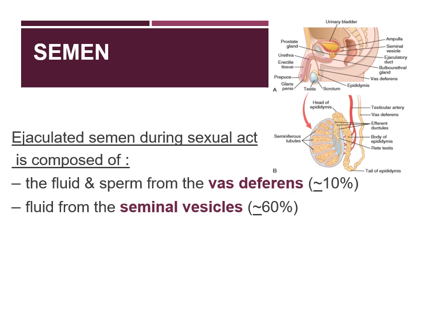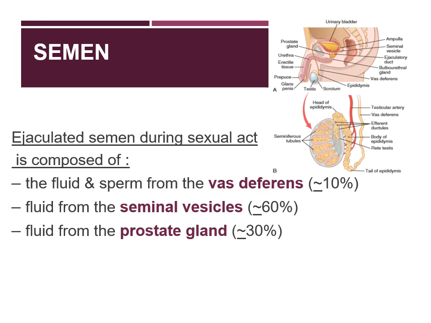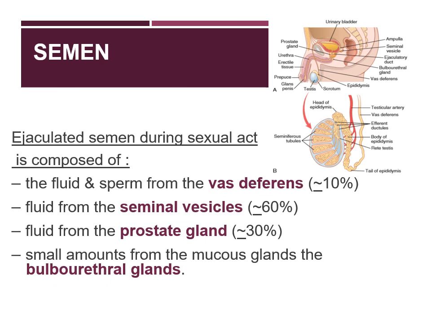The majority comes from the seminal vesicles, which comprise about 60 to 70%, and 30% of the semen comes from the prostate gland alkaline secretions, and a very small amount comes from the mucus secretions of the bulbourethral glands, which lubricate and facilitate the movement of secreted fluids.